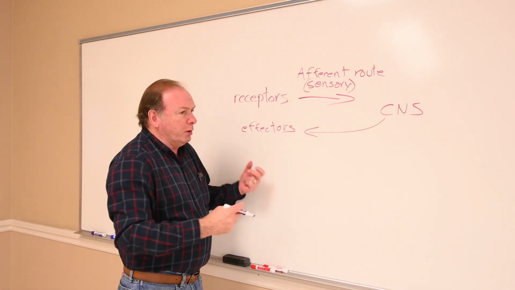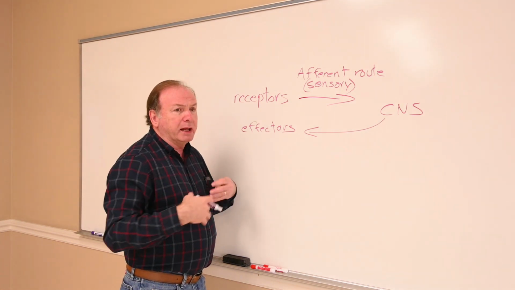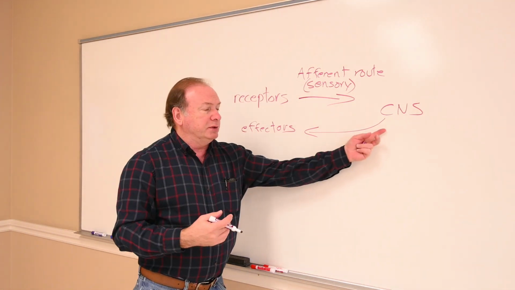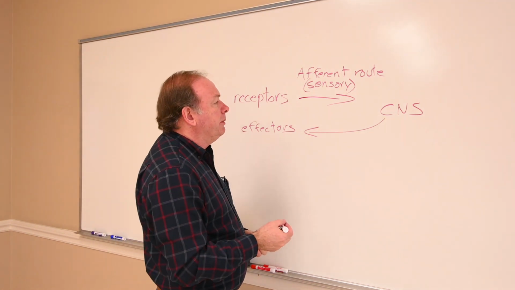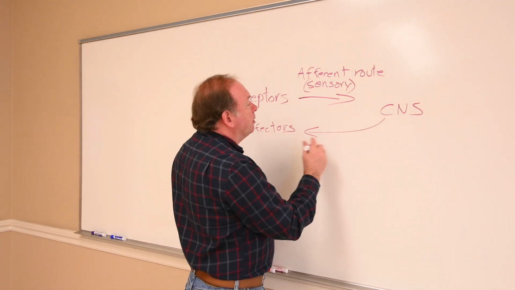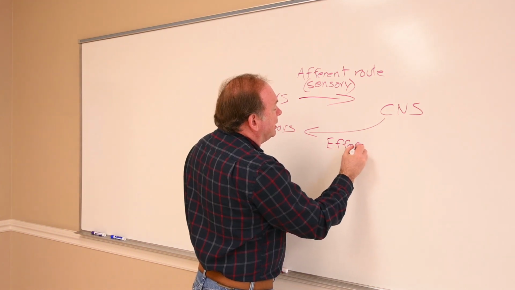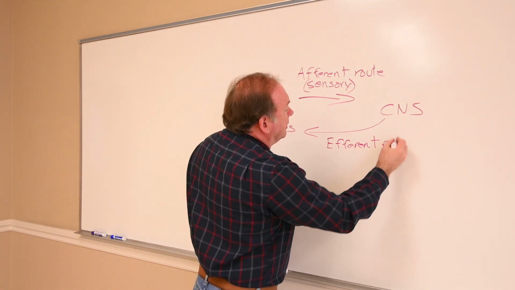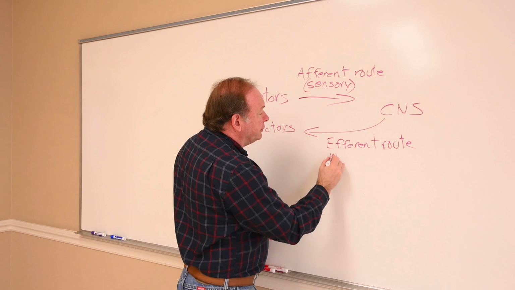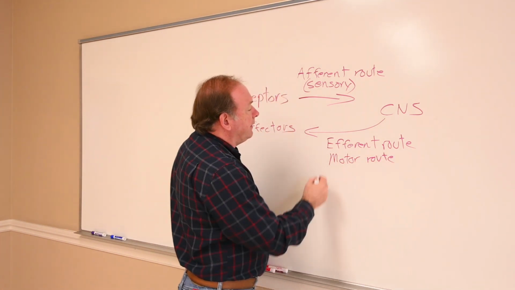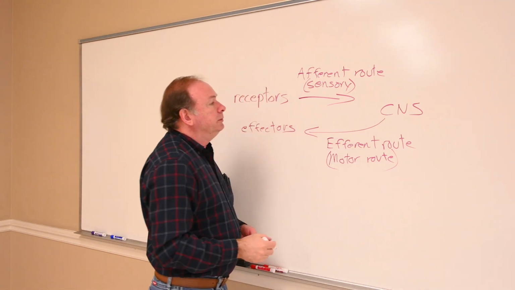So your muscles that move your body around, glands that secrete, those sorts of things are the responses that your body will generate from the nervous system. This route going out the other way is the efferent route, E-F-F-E-R-E-N-T, also known as the motor route. Efferent route or motor route.